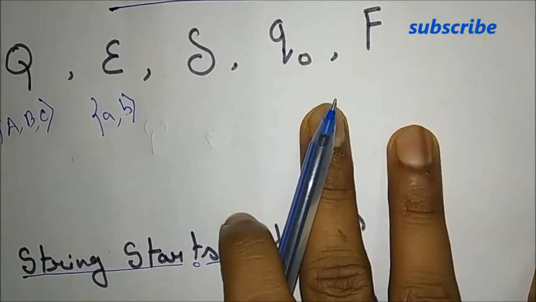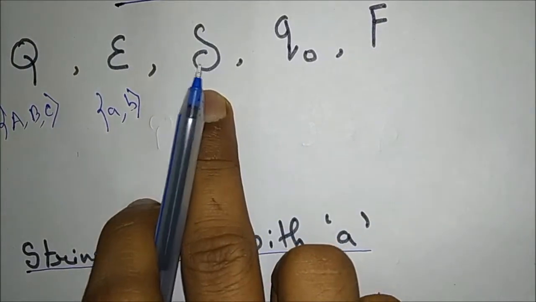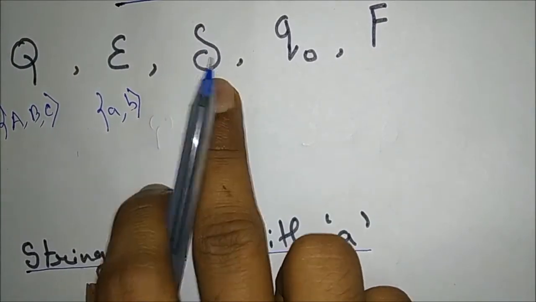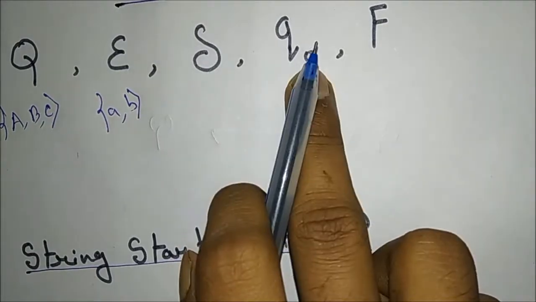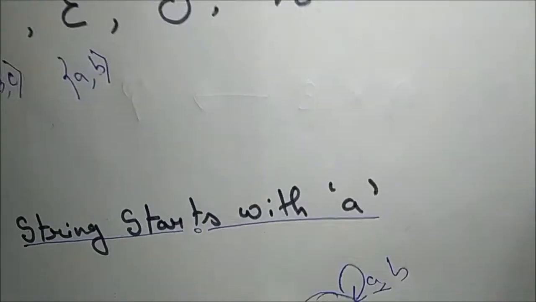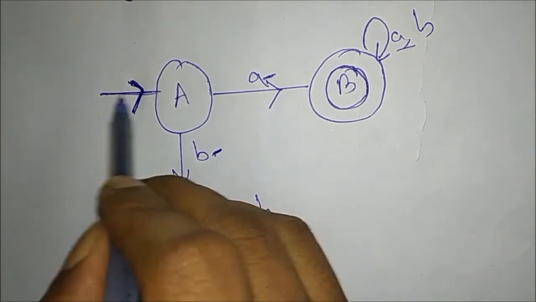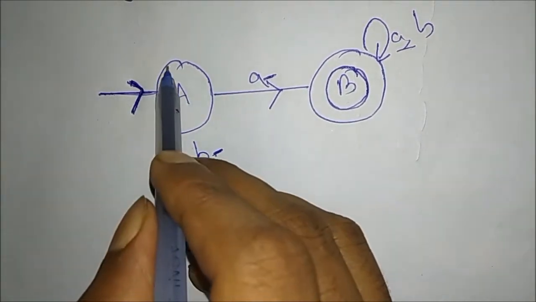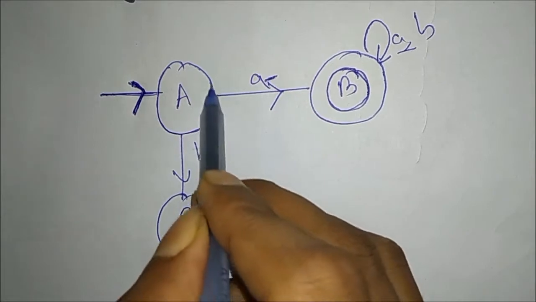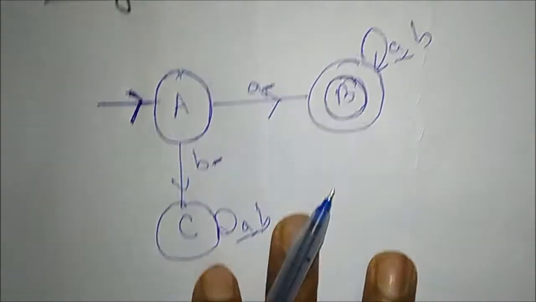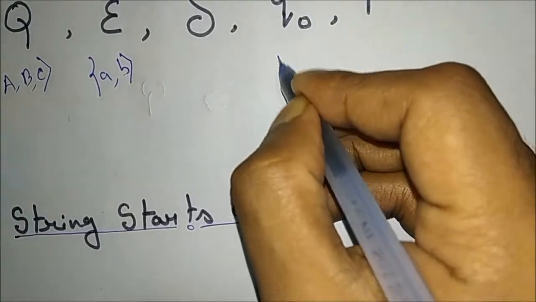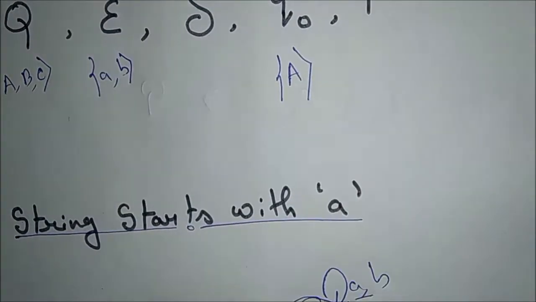Now what is Q0? Delta is the transition function. I will come to that after I finish Q0 and F. Q0 means initial state. I've told you, if you start this machine with an arrow sign like this, it means the first state, the initial state of this whole machine. So Q0 means initial state, and your initial state is A. Now what is F?